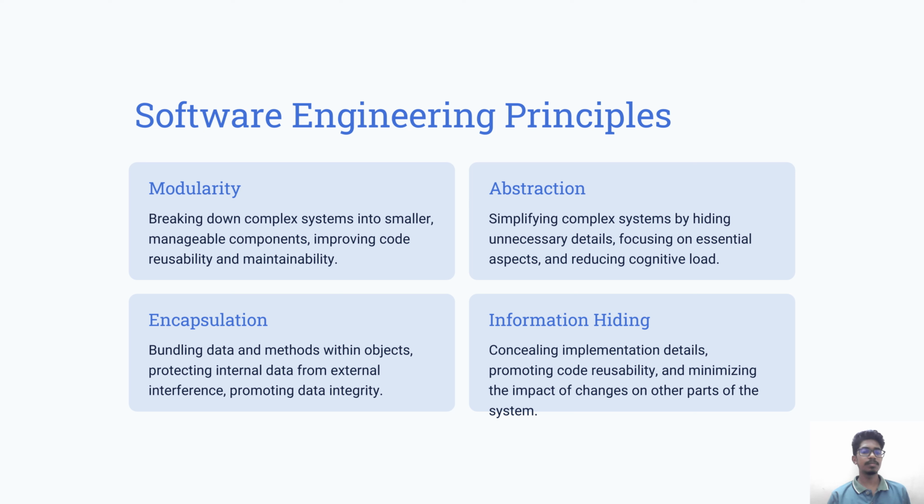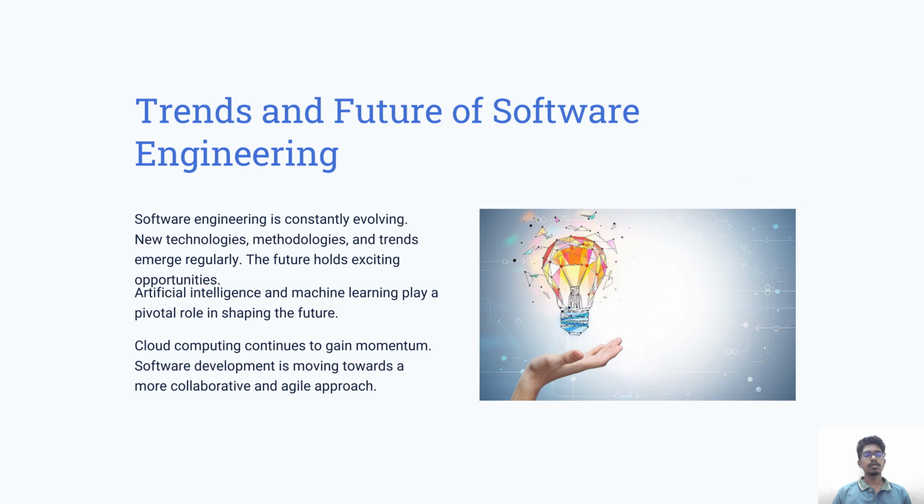Encapsulation is bundling data and methods within objects, protecting internal data from external interference, promoting data integrity. Information hiding, concealing implementation details, promoting code reusability, and minimizing the impact of changes on the other parts of the system.